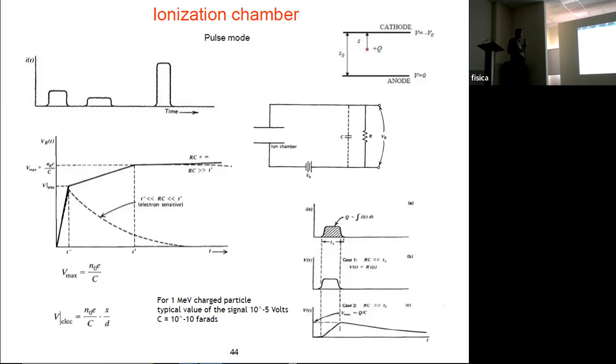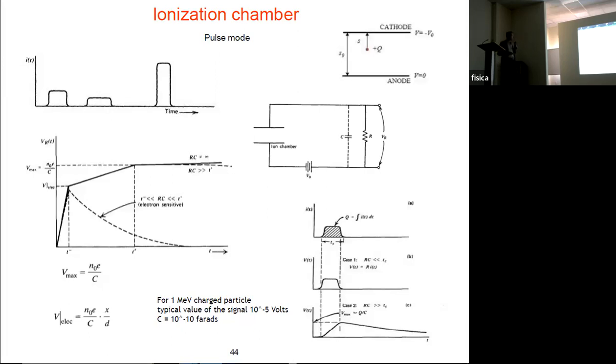Here is a simple picture showing how the induced voltage starts increasing. It's maybe not clear, but this is T minus and T plus. T minus stands for electrons, and T plus stands for ions. Remember, I said that ions and electrons move with different velocities.